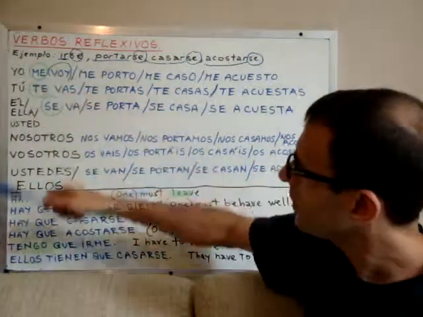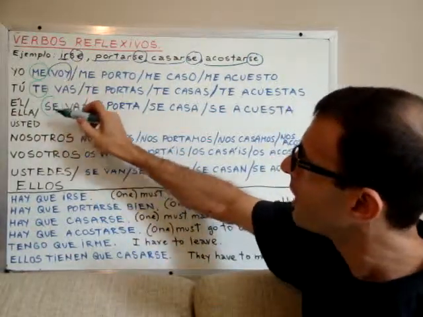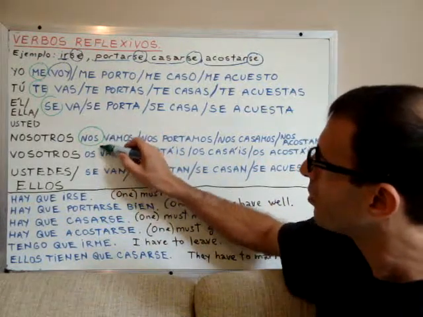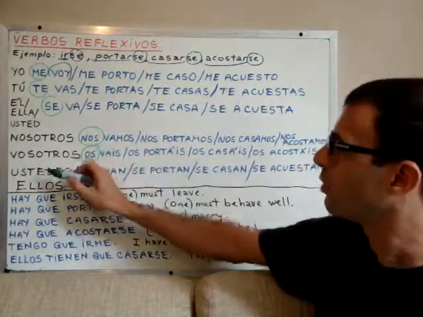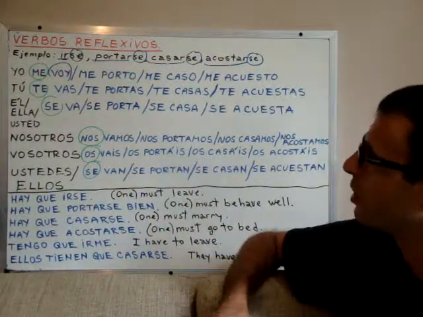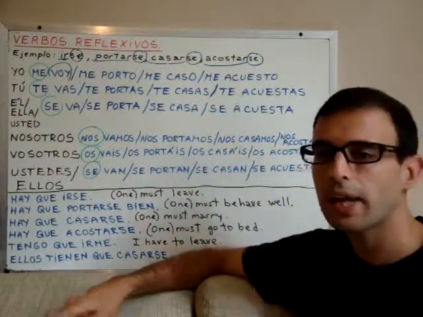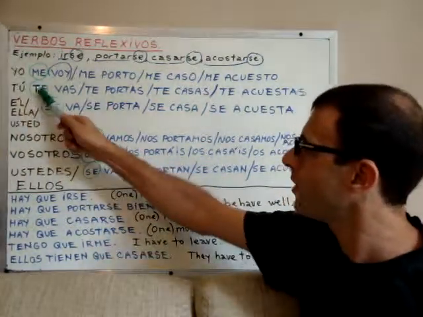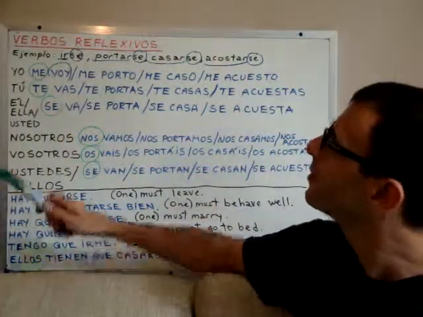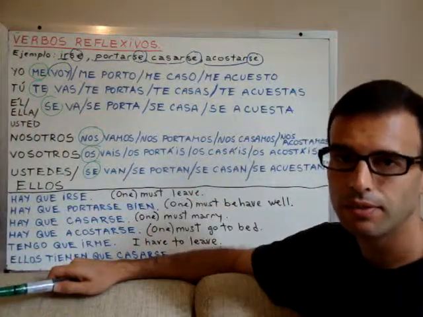So see how this is used. The me, the te, for tú it is te, for él or ella it is se, for nosotros it is nos, for vosotros os, and ustedes and ellos se. So, for example, tú te vas, you leave. You can add a predicate. For example, tú te vas a casa, you leave home. Él se va, he leaves.